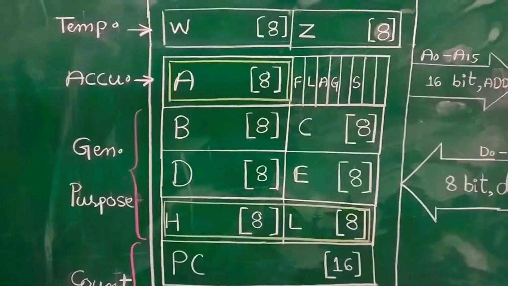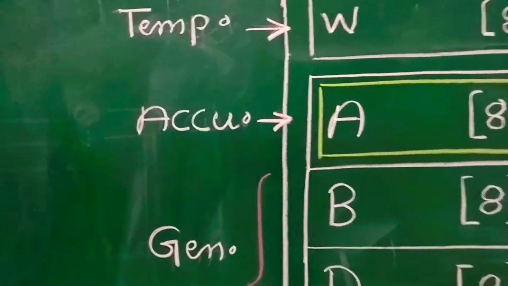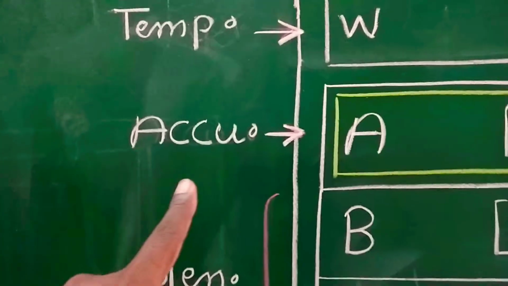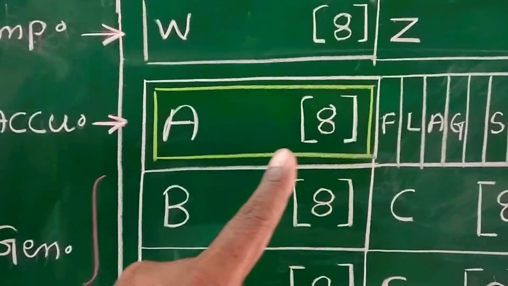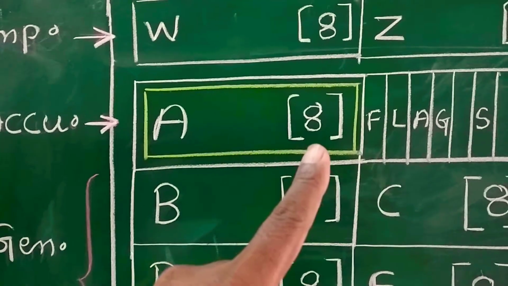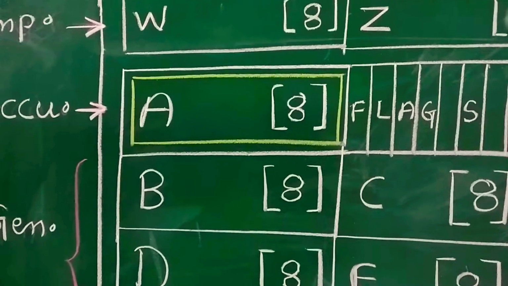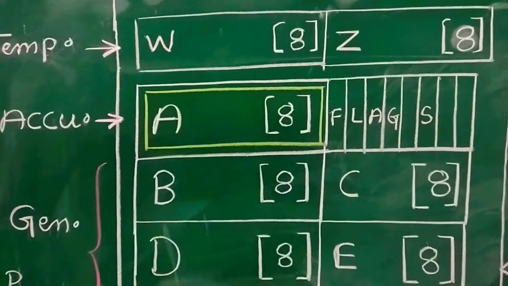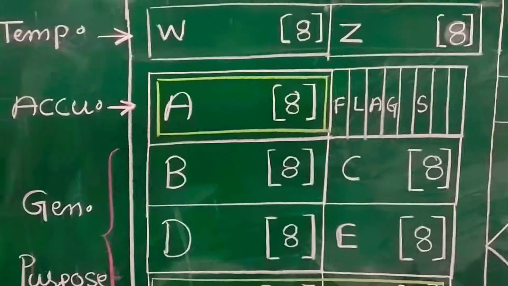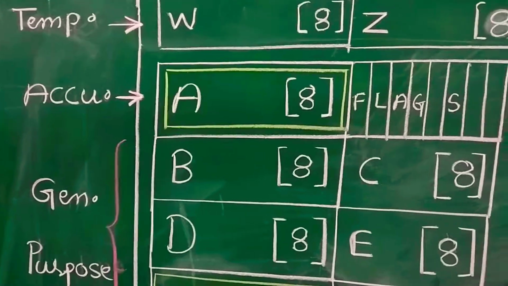Now we have the second category, a very important register, the accumulator, denoted by A. It is also an 8-bit register. It can store information, both data and instruction codes. What is the basic difference between other registers and the accumulator?